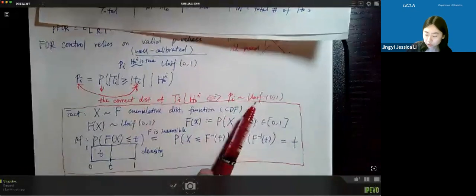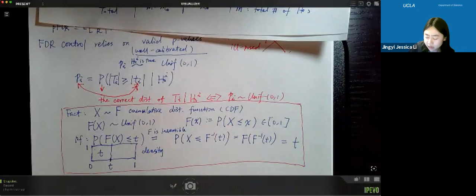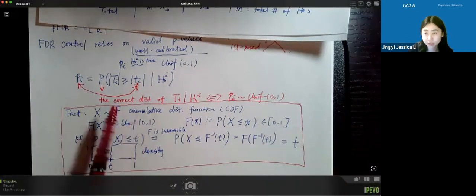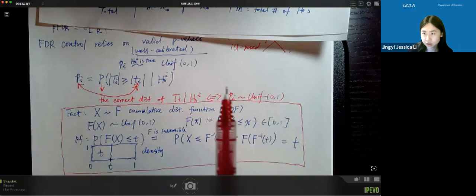But if the null distribution is mistakenly specified, for example, if the test statistic should follow a chi-square distribution, but you misspecified it to be a t distribution, then of course, based on the wrong null distribution, the p-values will be wrong. Therefore, no matter what procedure you apply, the BH procedure will not guarantee the FDR to be controlled.